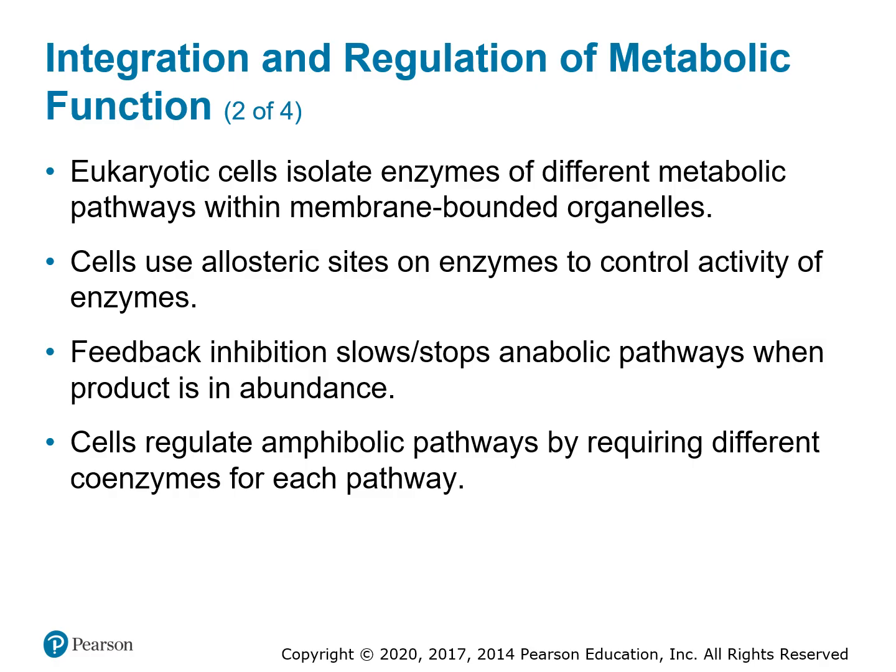Eukaryotic cells are a little bit different. They can isolate these enzymes in different pathways within the organelles, and that's one of the benefits of having organelles: you can isolate, separate, and compartmentalize reactions. Some cells can use allosteric sites to inhibit specific enzymes just to prevent them from going further. For example, if you don't need to break down glucose further, that ATP is going to be enough to prevent that from happening.